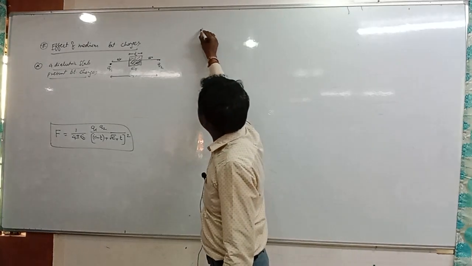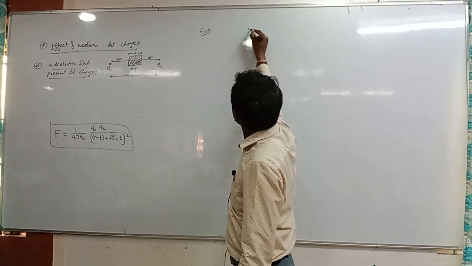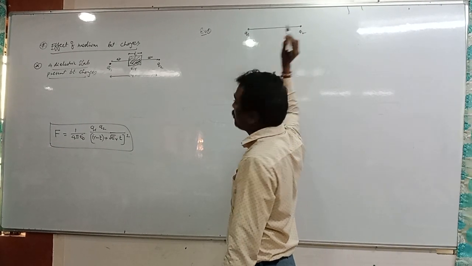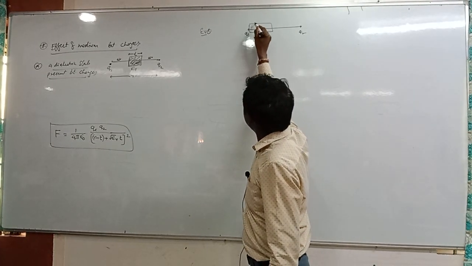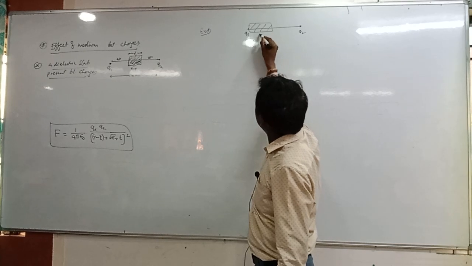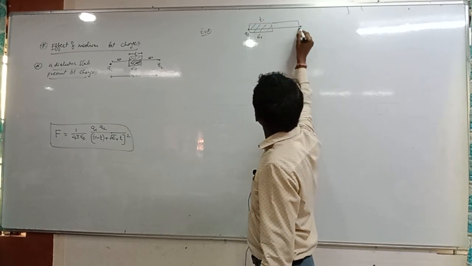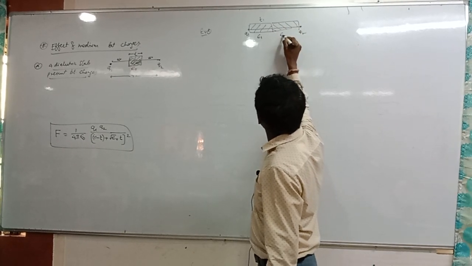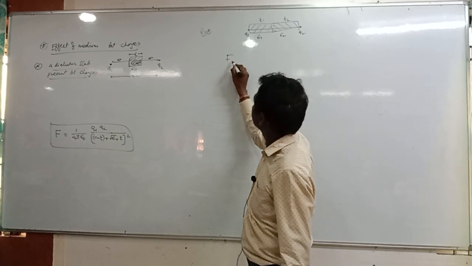Here is an example. Two charges Q1 and Q2. Two different media are present: epsilon 1 of thickness T1, and the remaining part epsilon 2 of thickness T2. Tell me the force.